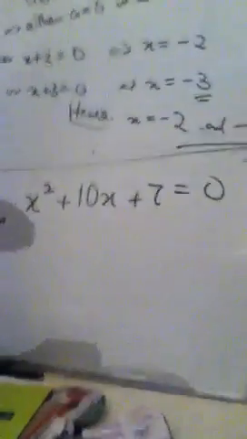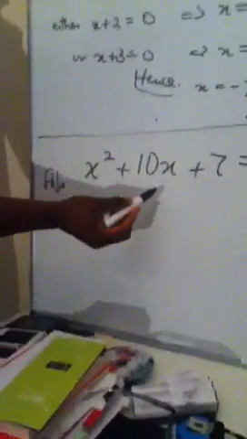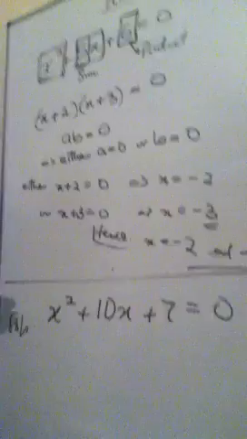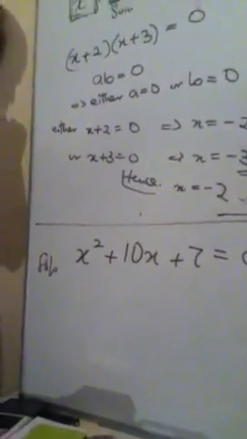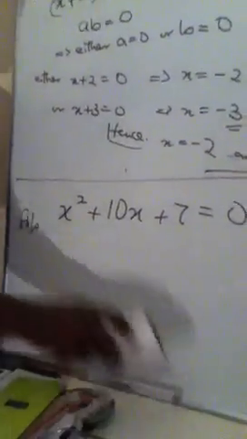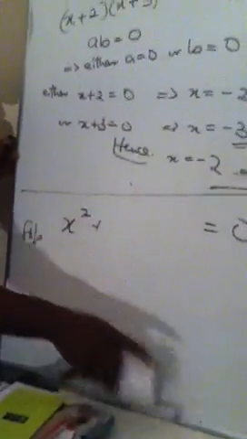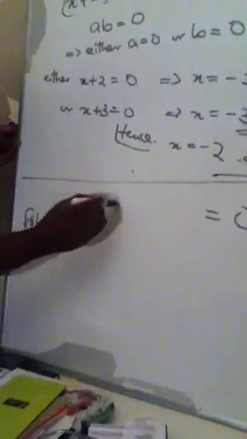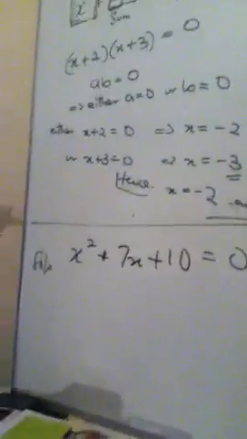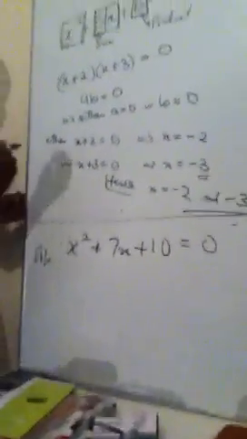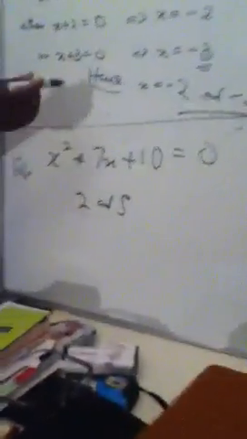Again, you think of the factors of 10 such that when you add them they give you 7, and straight away I can think of 2 and 5, because I know that 2 times 5 will give me 10 and 2 plus 5 will give me 7.